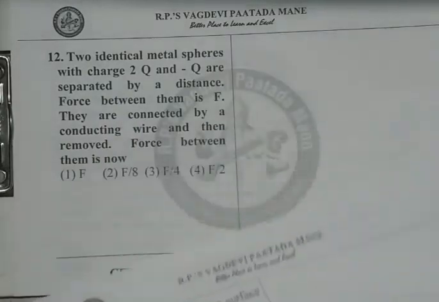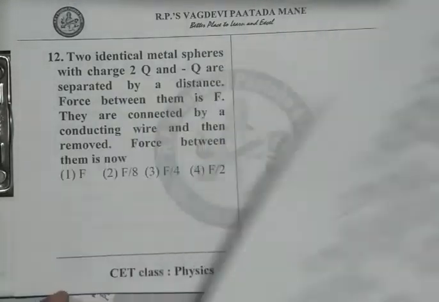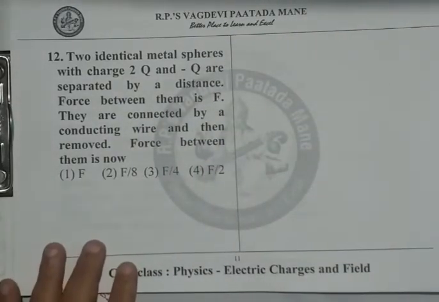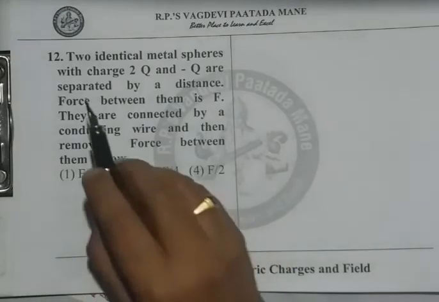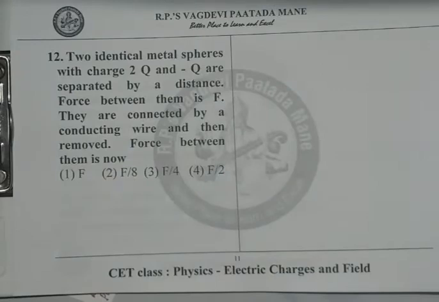Now we go for the 12th question straight away. It requires some calculation. We'll read it. Two identical metal spheres with charges 2q and minus q are separated by a distance. Force between them is F. They are connected by a conducting wire and then removed. Force between them is now?